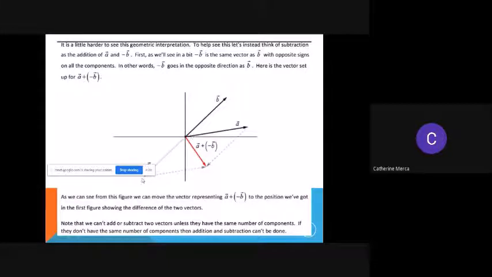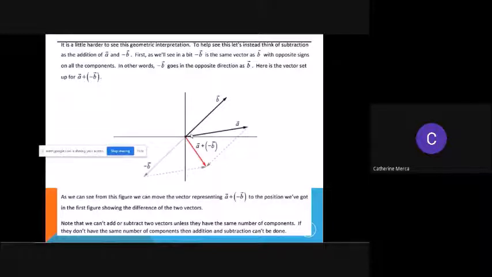So making use again of the parallelogram law, this is vector A minus vector B, and the resulting vector is this, A plus negative B. But this vector is actually equal to this vector here.